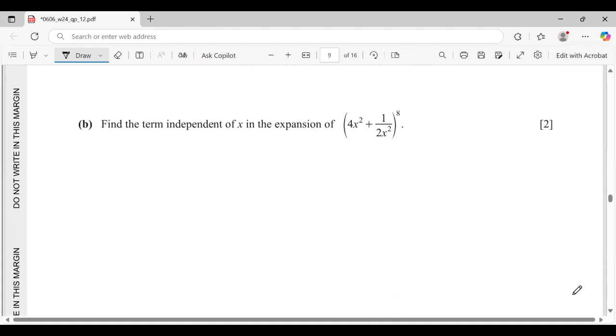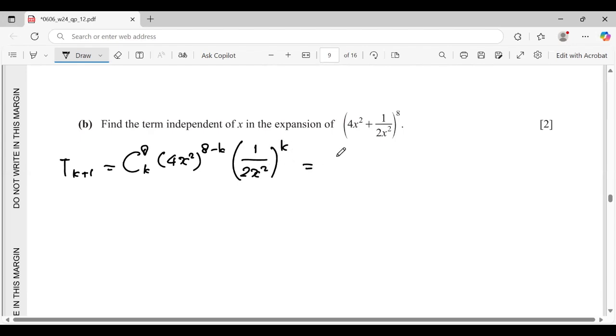Find the term independent of x in the expansion of (4x squared plus 1 over 2x squared) to the power 8. We use the binomial expansion T(k+1) equals the combination 8 k times (4x squared) to the power 8 minus k times (1 over 2x squared) to the power k.